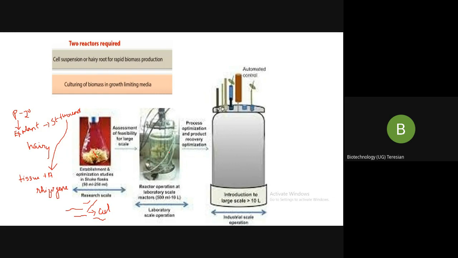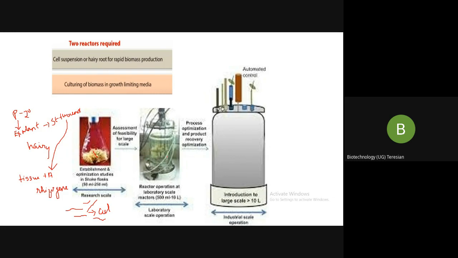The production in the bioreactor is relatively high. Whatever products you get are very high and very pure, many fold higher than what you get in other methods like suspension culture. But one problem with the bioreactor is that it is very costly.